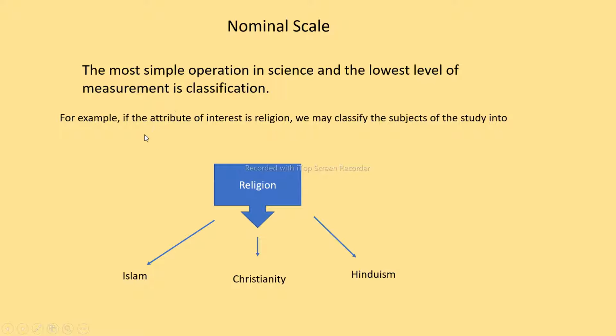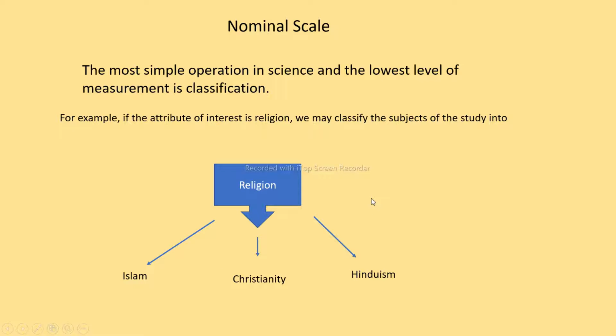Just to understand the concept, if the attribute of interest is religion and we want to measure it, we can classify the subjects into religion Islam, religion Christianity, religion Hinduism, isn't it? So that is the first step. The simplest operation in science and the lowest level of measurement is classification. Whatever parameter is there, we are going to classify it. This religion has been classified into three different categories.